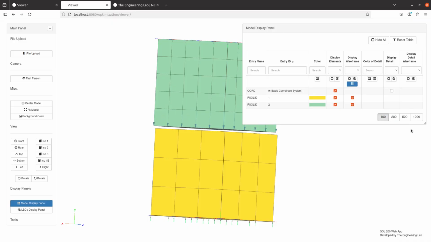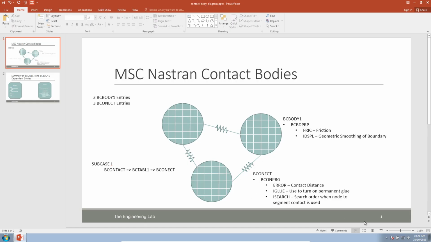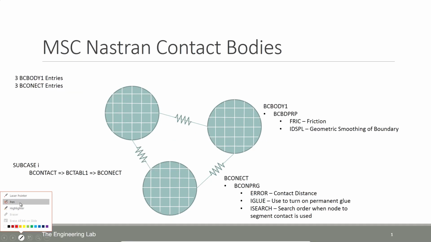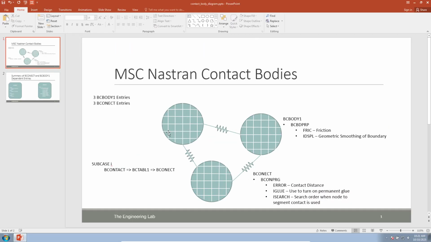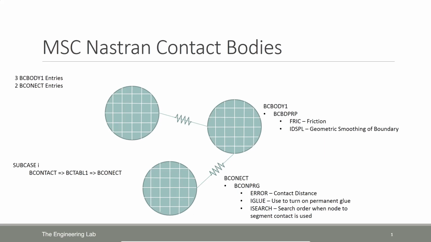In this other window, I have a diagram that hopefully makes contact analysis a little easier to understand. Now, suppose you have 3 meshed bodies like you see on the screen.